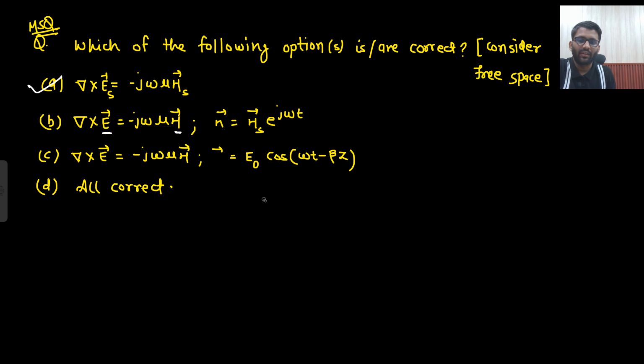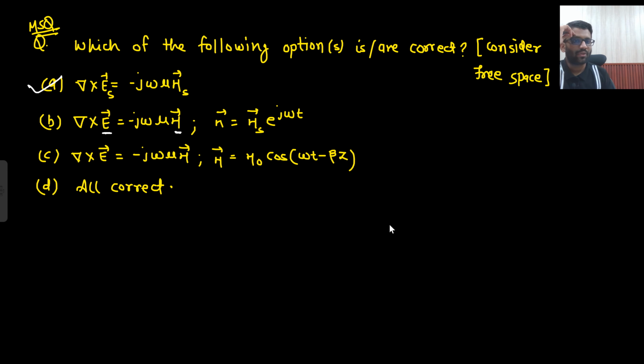So here I should have written that my H is equal to H naught cos(omega t minus theta). Yeah, now it is correct. So differentiation is done with respect to H. So del cross E is equal to minus j omega mu H. Is that correct?